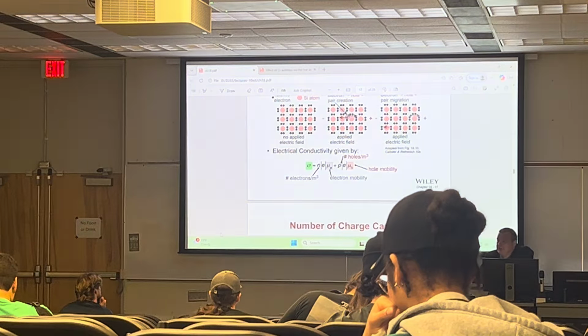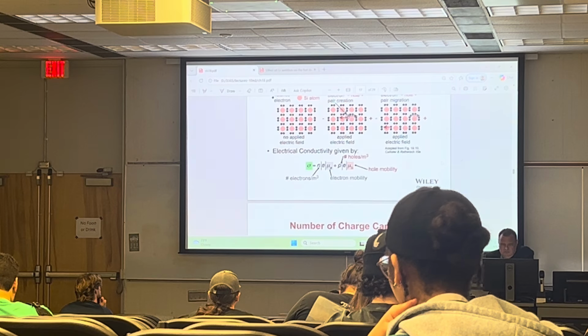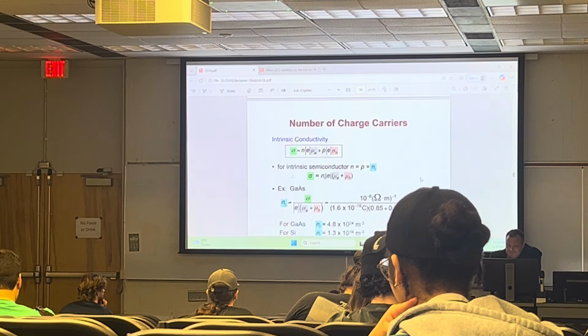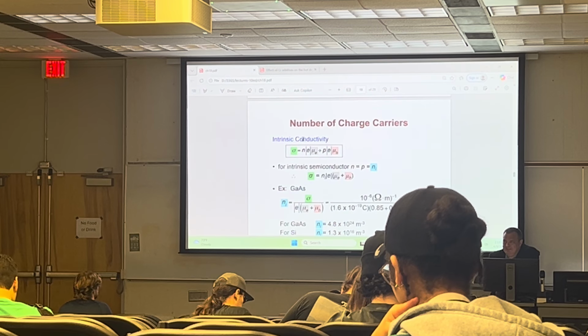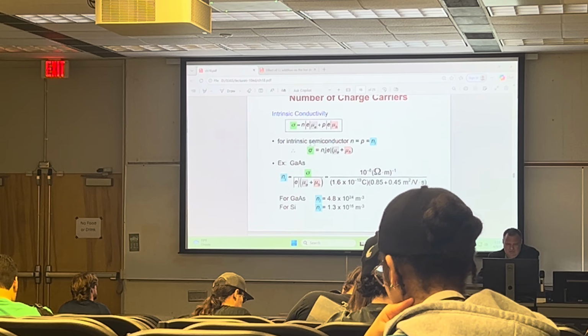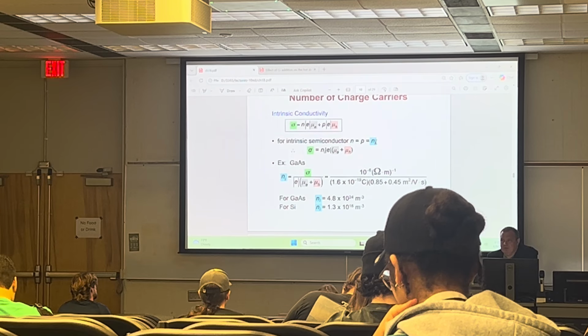Does everybody understand now what a hole is? Okay, so the number of charge carriers for intrinsic conductivity for gallium arsenide: the number of holes is equal to the number of electrons.